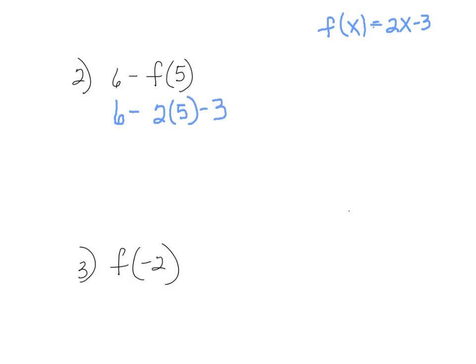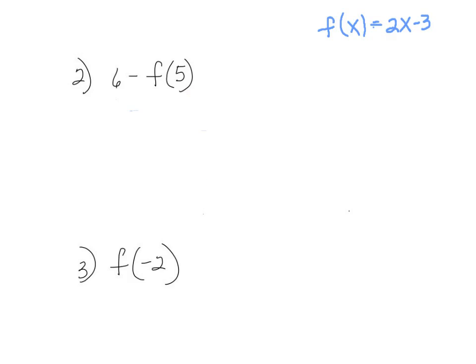And then we follow order of operations. So the first thing we have to do is negative 2 times 5, that's negative 10 minus 3. 6 minus 10 is negative 4 minus 3 is negative 7.